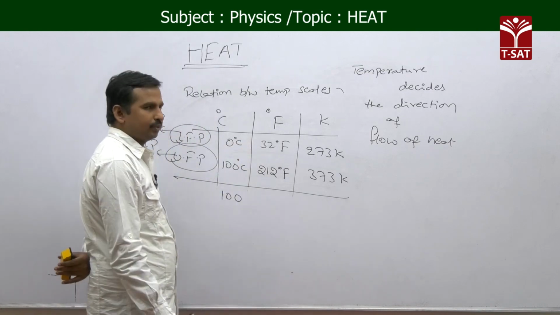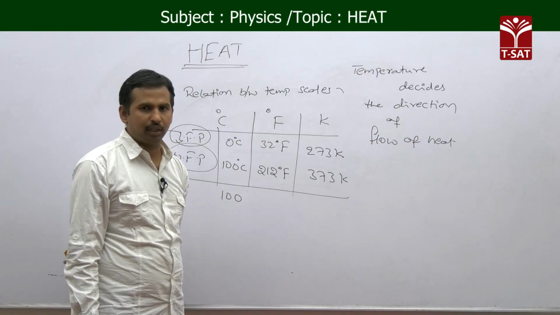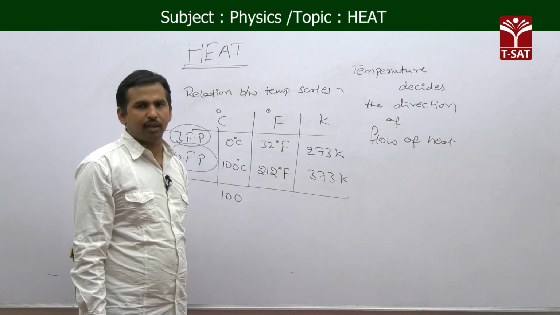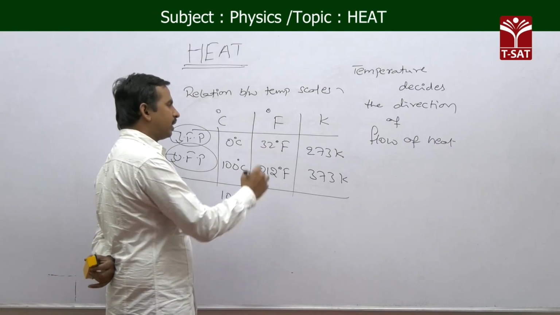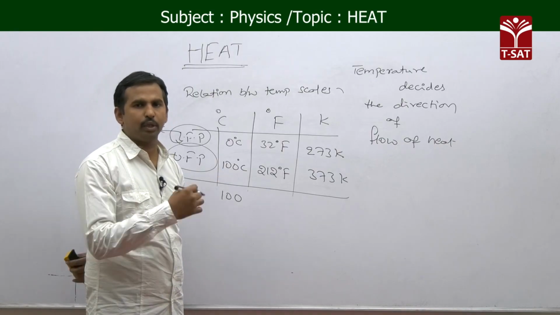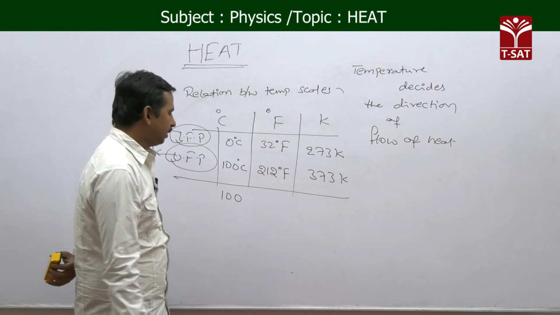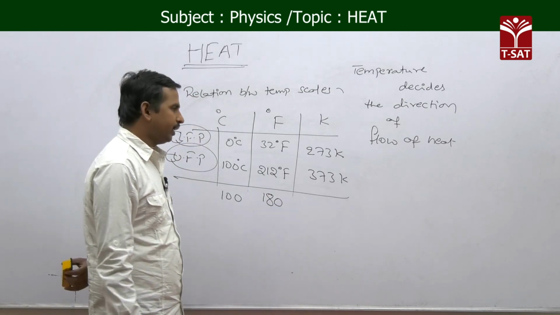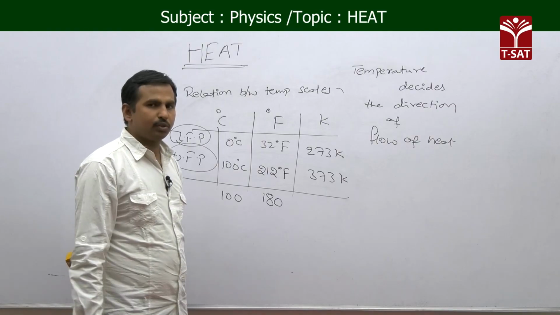On the thermometer scale, the number of markings, the number of lines present, is 100, so 100 equal divisions. In the case of Fahrenheit, it ranges from 32 to 212, so 212 minus 32 gives a total of 180 divisions.